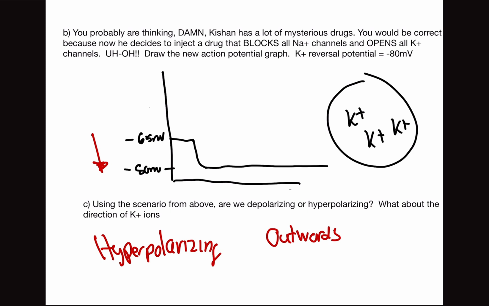We're at negative 65 and we need to go to negative 80, so we need to release some of this positive charge. That way the membrane, the cell, becomes more negative. So potassium ions are going to go out of the cell. If we take positive stuff and throw it outside, now we're more negative. Hope that makes sense.